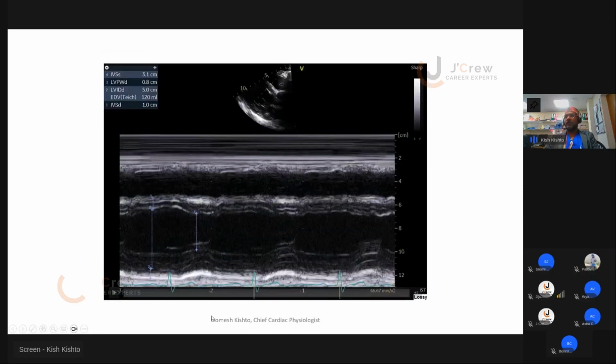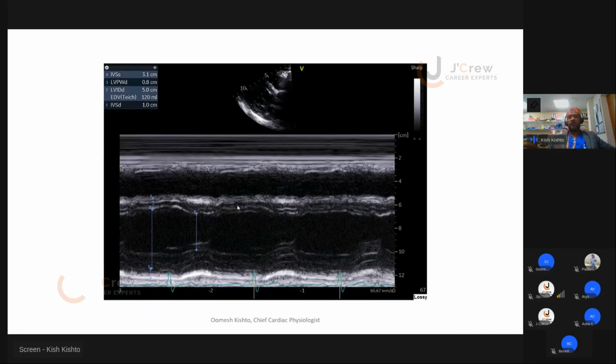But be careful with that M mode because if you foreshorten the heart, cut it a bit, slice it a bit more, let's say instead of sliding right in the middle, you slide it a bit here, then that dimension will be a bit smaller.